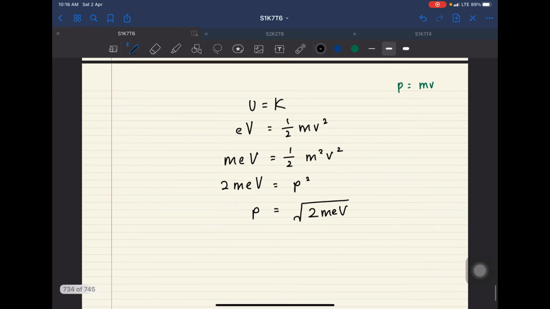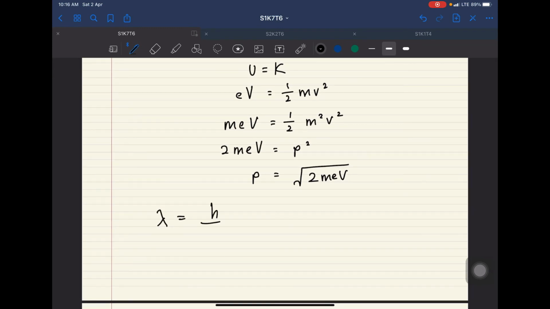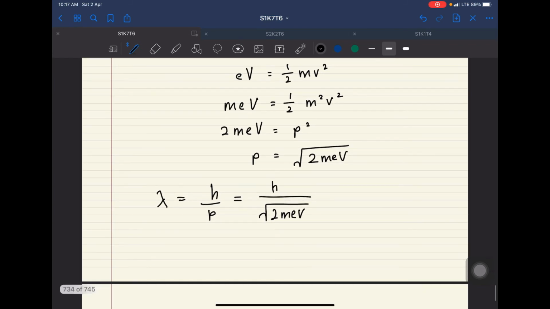If you remember previously we have the de Broglie wavelength equation, h over p. I can write this as h over the square root of 2meV. These are the two formulas that are given inside the formula sheet.